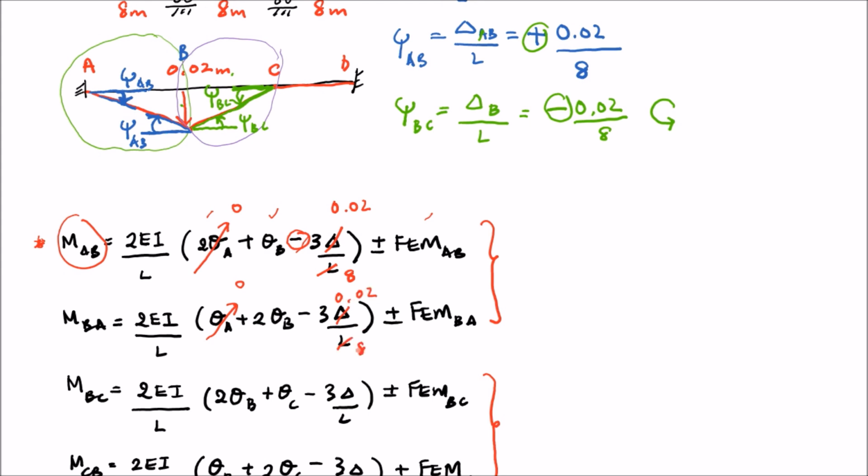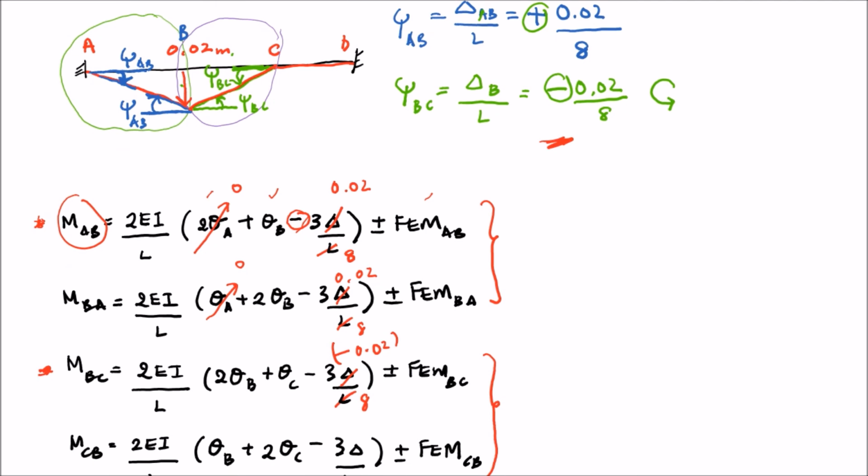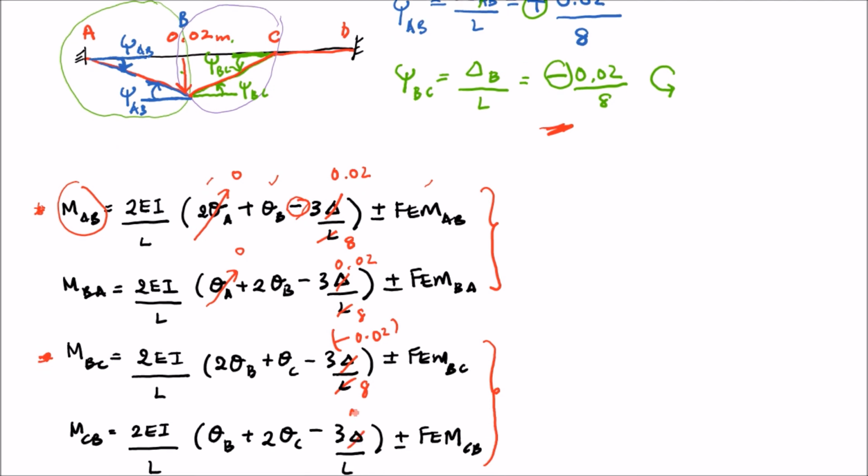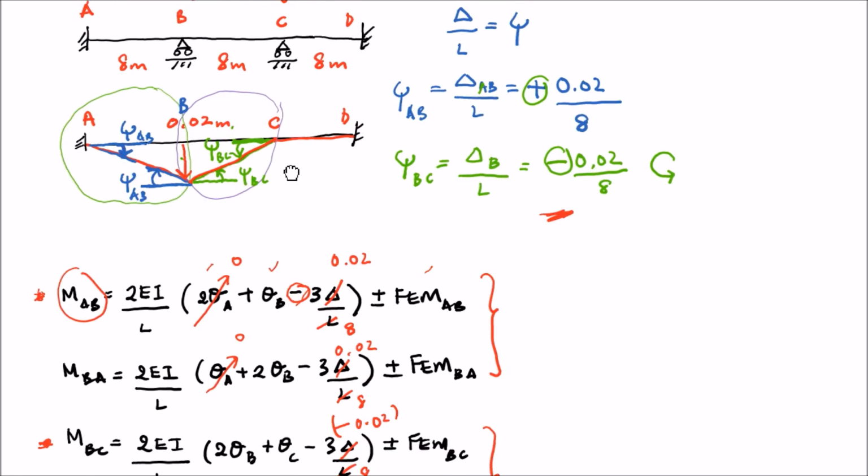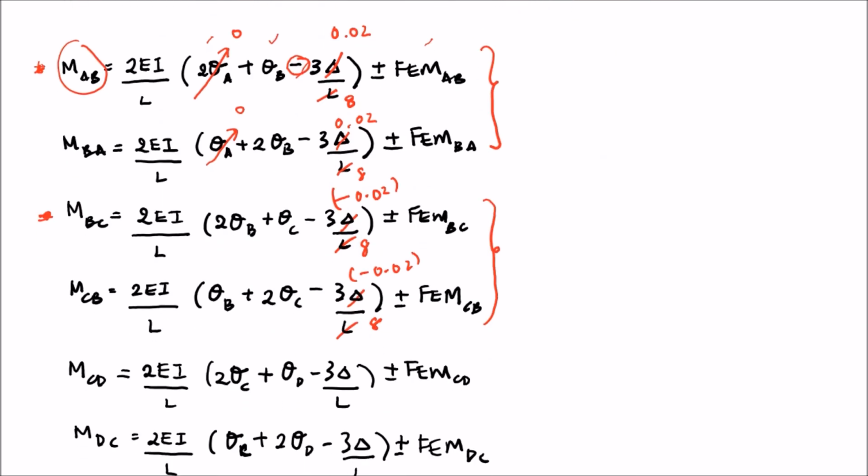For BC, you are going to have a negative value, so you just input a negative value of 0.02 divided by 8, which becomes a positive value. Same goes there, negative 0.02 over 8. For CD and BC, you don't have any rotation due to settlement, so this is basically 0, this is basically 0.